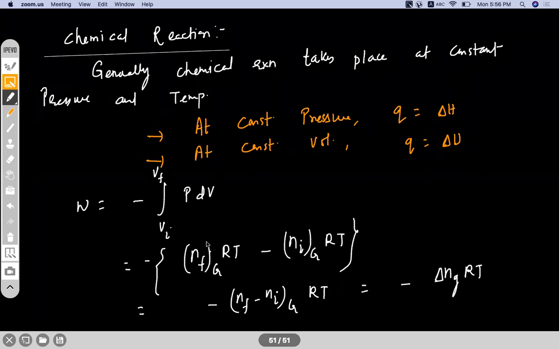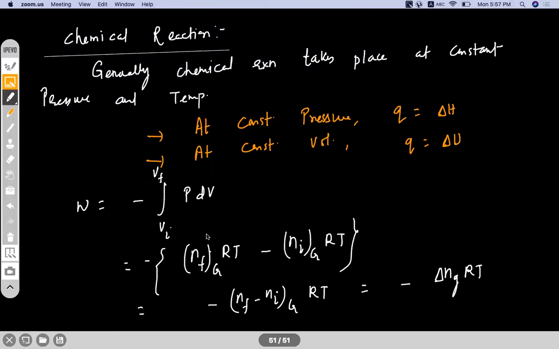Because we are applying PV is equals to nRT here in order to find out the value of PdV. PV is equals to nRT is applicable only for gases. Okay. Correct.